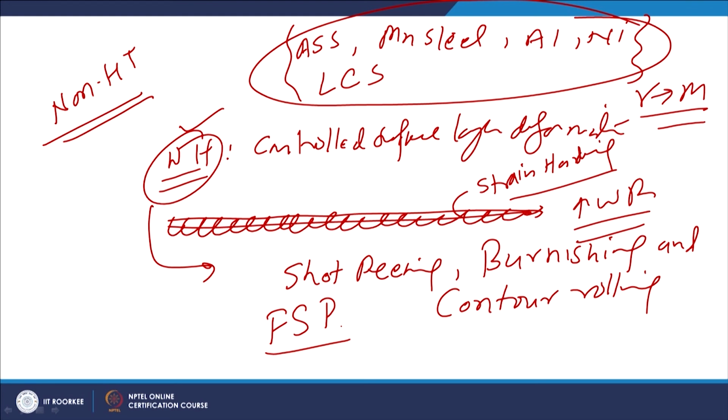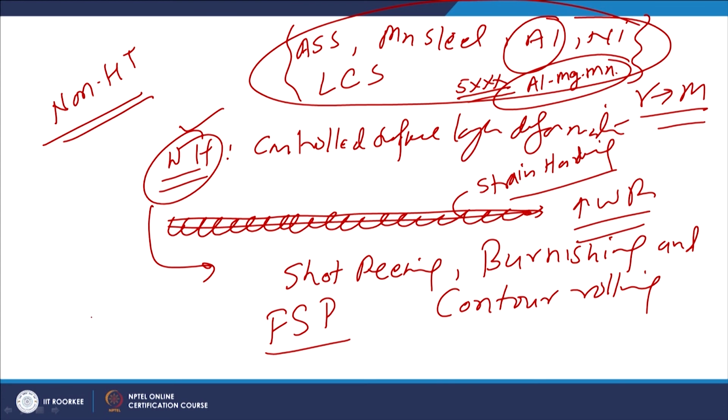Not all categories of aluminum alloys are non-heat treatable. There is one category, the 5000 series aluminum alloys, having aluminum, magnesium and manganese. This series of aluminum alloys is work hardenable.